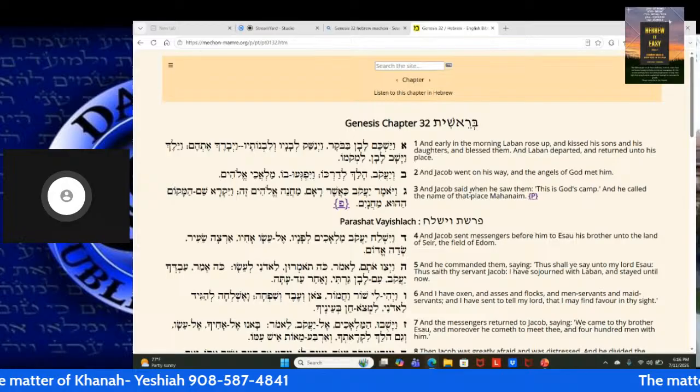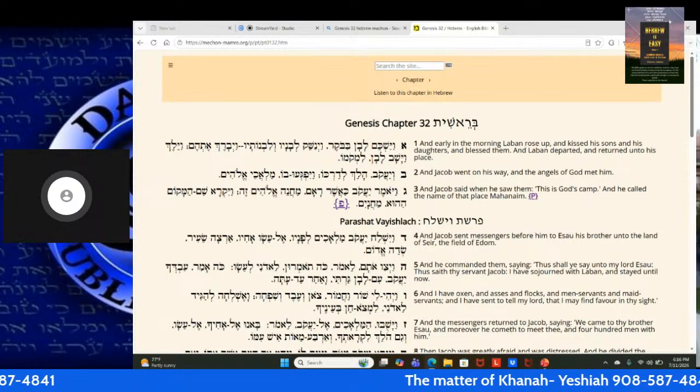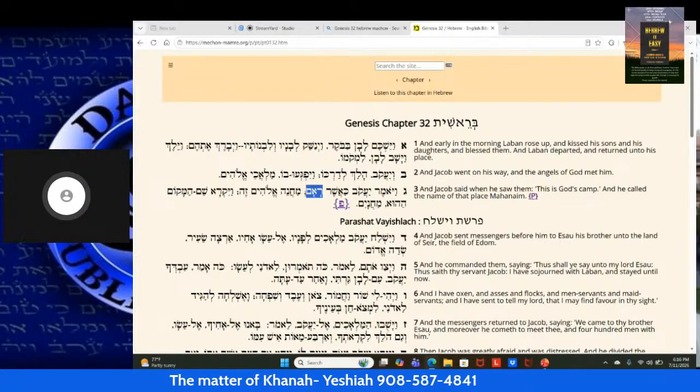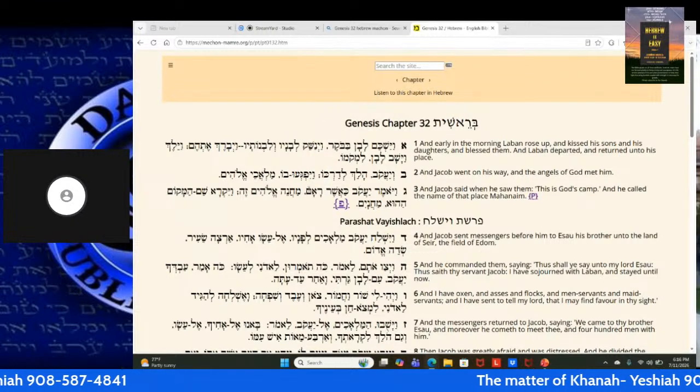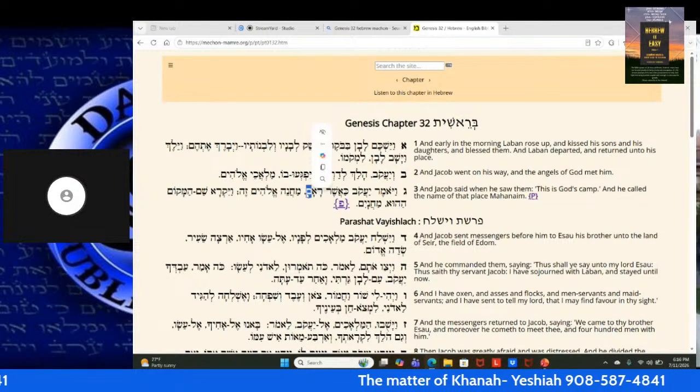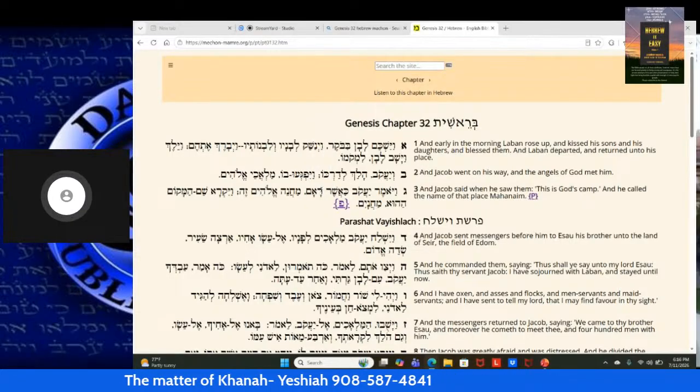And Jacob said when he saw them: Vayomer Yaakov, and Jacob said, ka'asher, when, ra'am. This word here, ra'am, means literally he saw them. This final mem serves as a suffix meaning them, and the word ra'ah is a verb meaning in Hebrew to see.